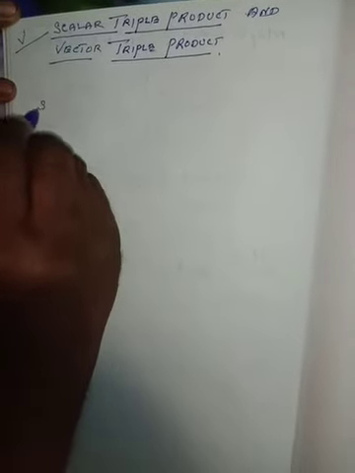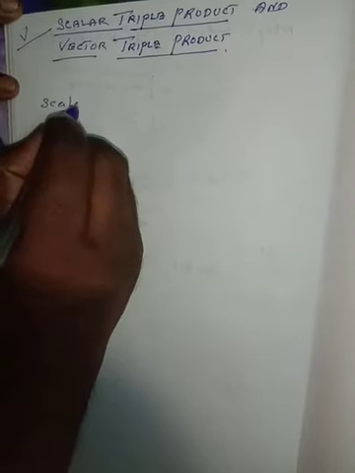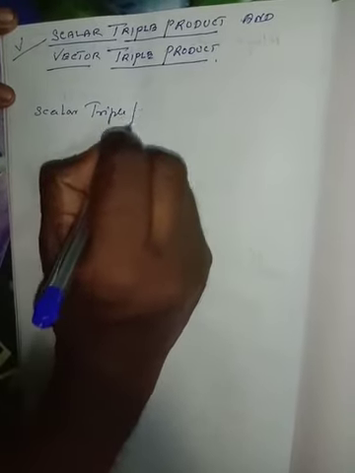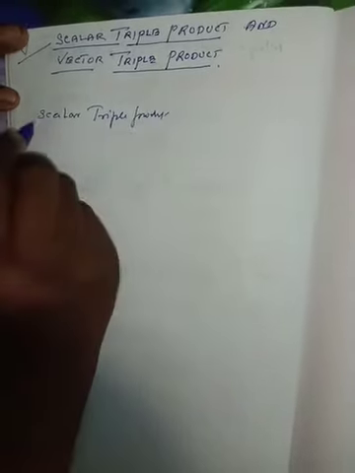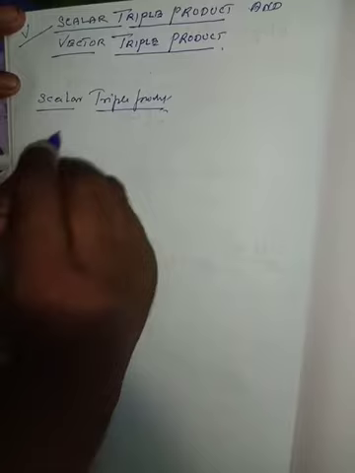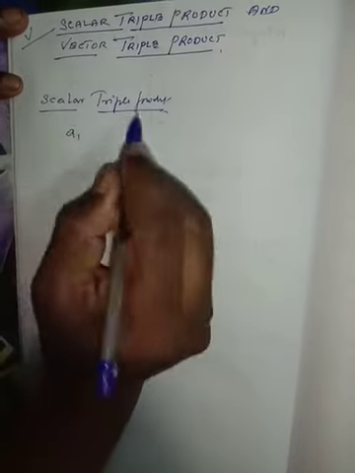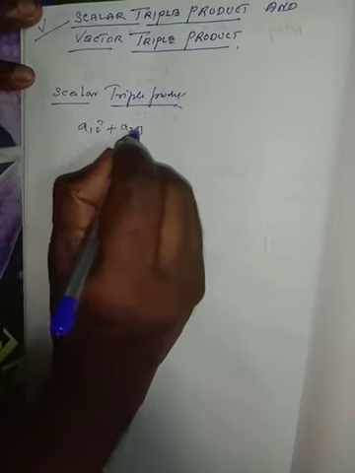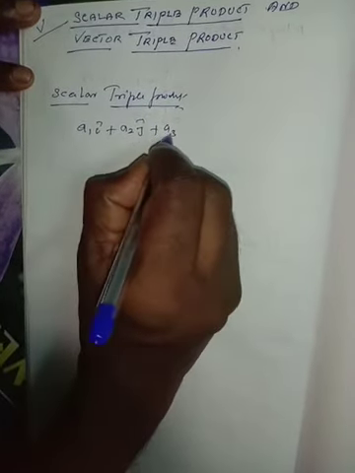First is scalar triple product. Scalar means a dot product. Suppose we take a vector as a1 i vector plus a2 j vector plus a3 k vector.